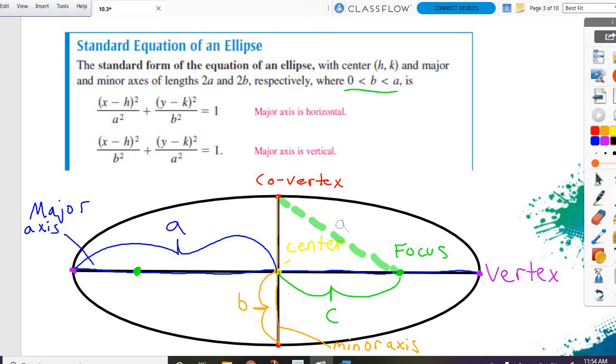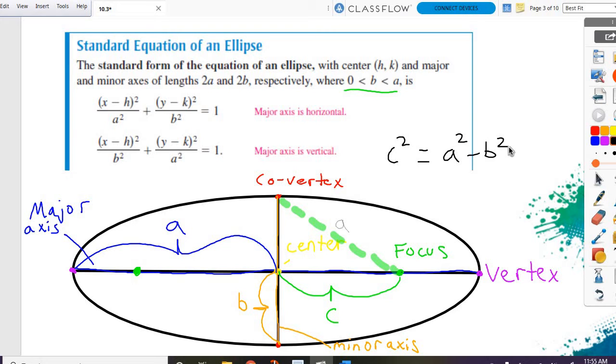And the reason that we want that is because from there we can create this relationship or equation that tells us that C squared equals A squared minus B squared. Or in other words, notice I would have C squared plus B squared equals A squared because A squared is our hypotenuse. But we want our C squared to be solved for. It is the Pythagorean theorem. Yeah, we've just labeled our A's, B's, and C's a little bit differently.